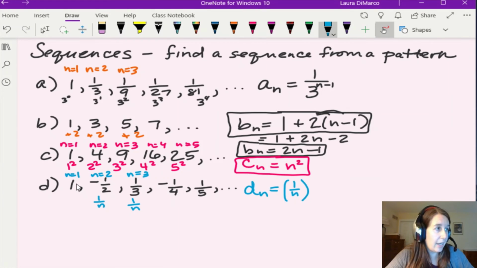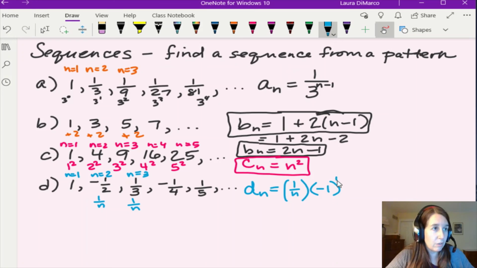Now, to get the negatives, I need to multiply. How do you get something to go negative, positive, negative, positive? You multiply by -1. So if I multiply by -1, let's see if that works, because for the first term, 1 over 1 is 1, but then that would be times -1, and this one was positive. I actually need the second term to be negative.